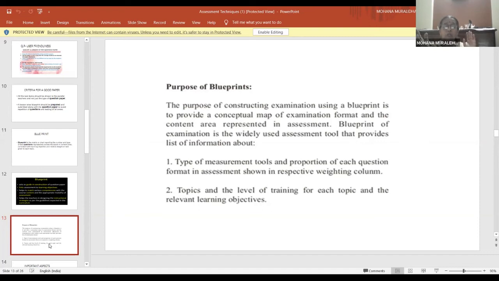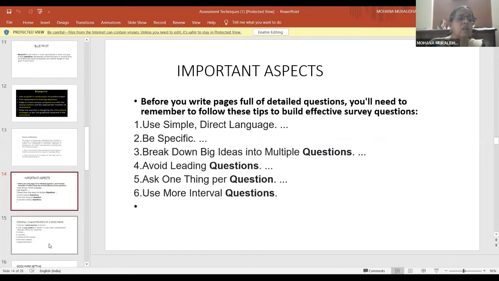So to check if we have achieved the objectives that we are supposed to, this blueprint is going to help us. Without this, it's not going to serve the purpose.